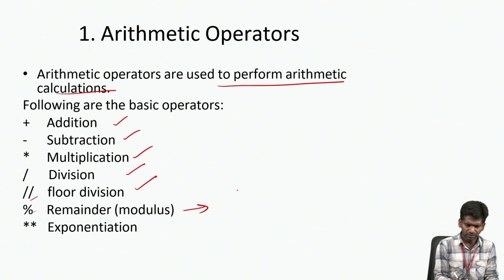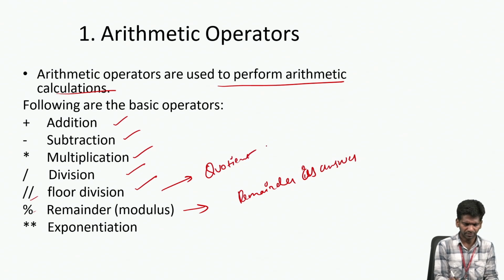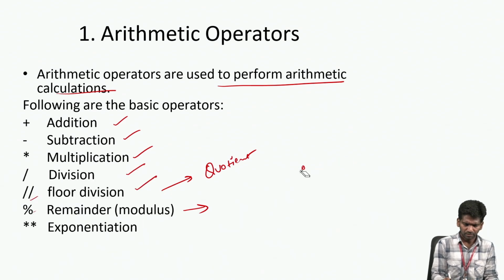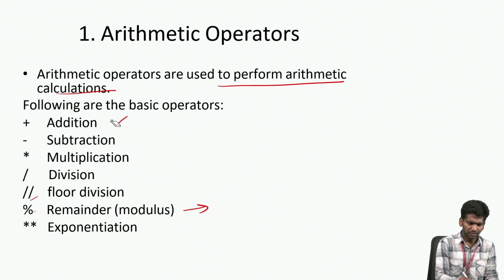If you use modulus, you'll get the remainder as an answer. If you use floor division, we'll get the quotient as the answer. That we can remember. Then comes the exponential. These are some of the main arithmetic operators in Python.